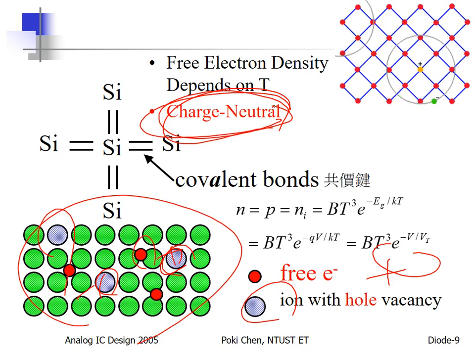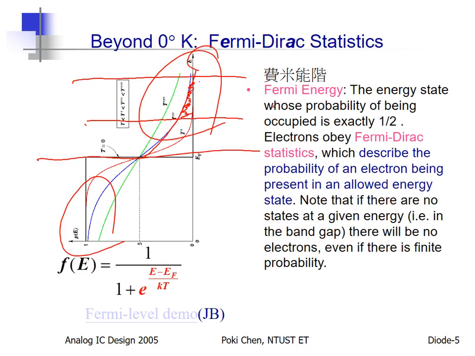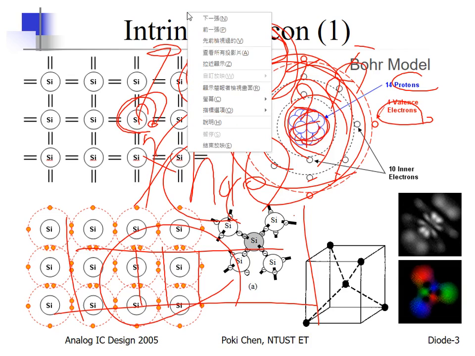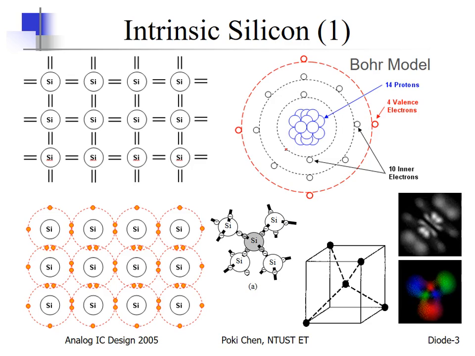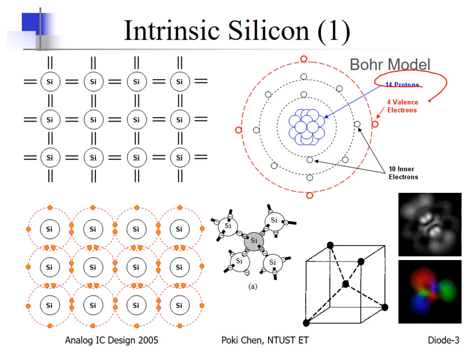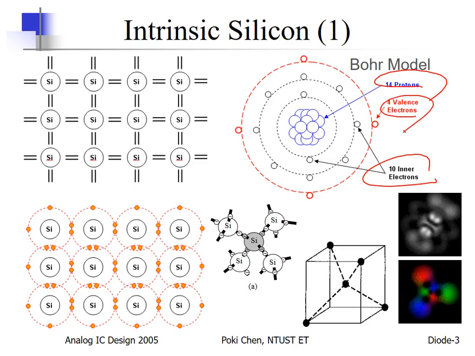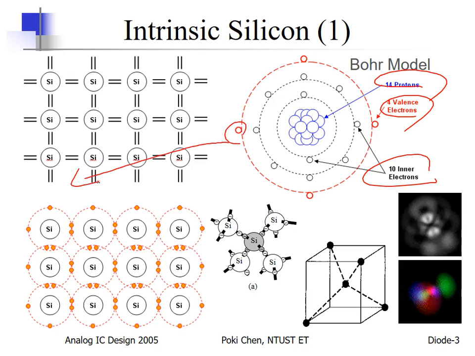It can be neither positive nor negative. Actually, if we go back here, in total we have 14 protons, and overall 14 electrons, 10 inside and 4 in the outermost. They are just neutral. But one of them goes away.